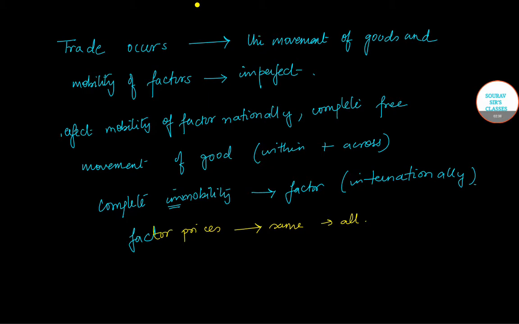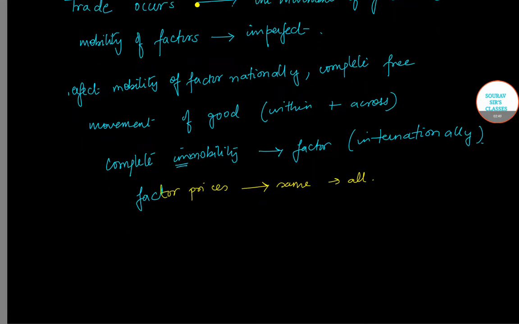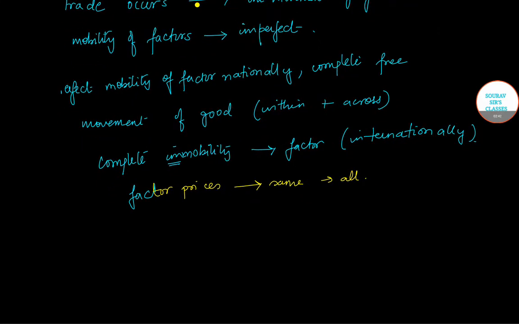But in the world where factors of production actually cannot move between the countries, whereas we have the options that goods can move freely, trade in goods can actually be viewed as a substitution for factor mobility.